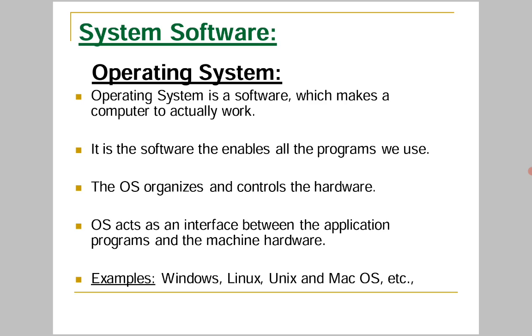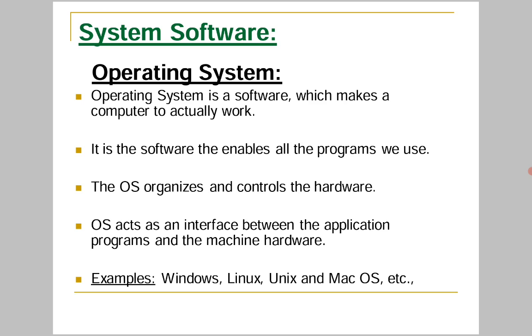The first and most popular system software is the operating system. So what are operating systems, their functions and functionalities? An operating system is software which makes a computer actually work.